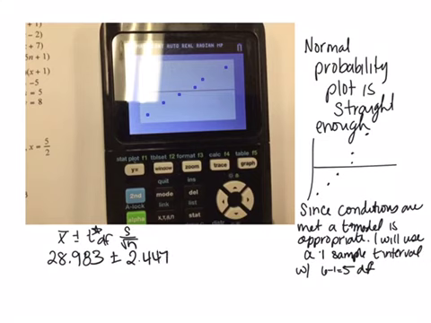And then s was 0.36, so 0.36 over the square root of 6.